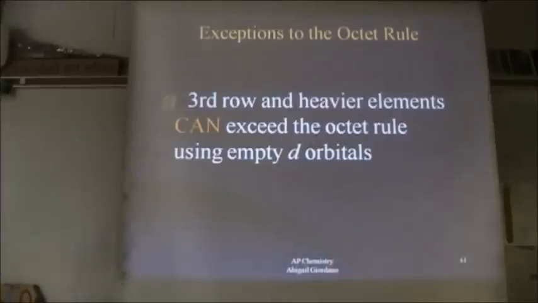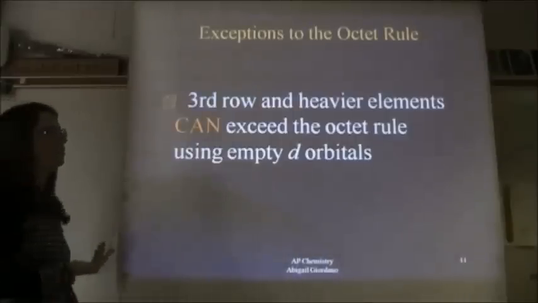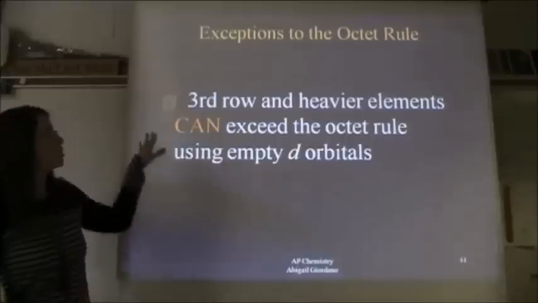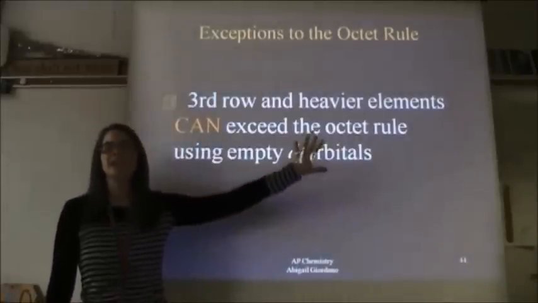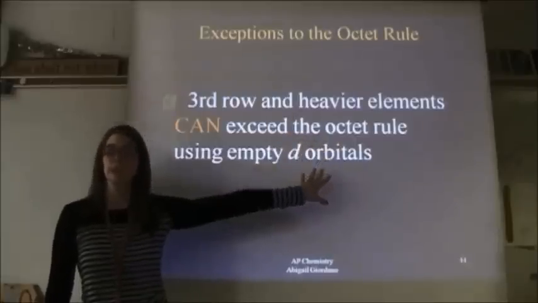The elements that can do that, if you're looking at your periodic table, first of all, we're talking nonmetals here. When we draw Lewis structures, they're for covalent compounds. So, nonmetals on the 3rd row, like phosphorus, sulfur, chlorine, or any element below that. The reason those are the first elements that can do that is because those are the first elements that have d orbitals available.